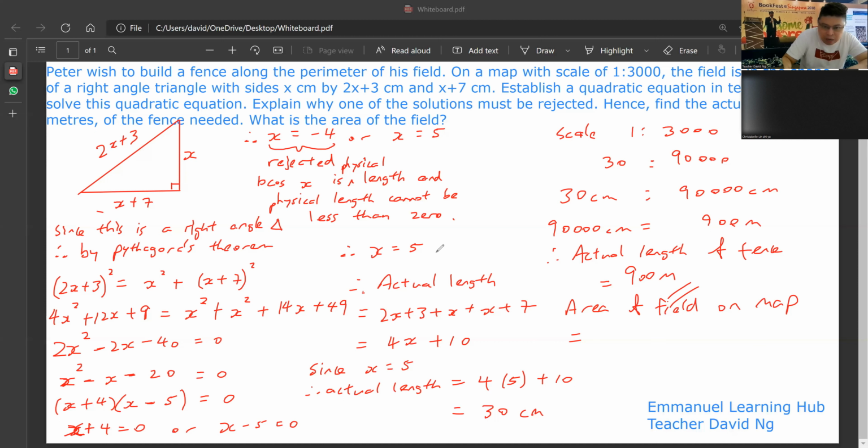So 5, 5 plus 7 is 12. Okay, area of the field, 30 cm square. Okay, the length and the area same. First time I see. So area of the field on the map, 30 cm square.